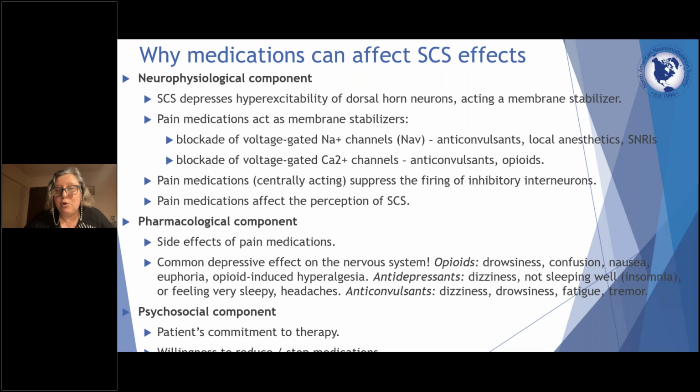So you don't necessarily need another medication to do the same job. However, many medications can act as membrane stabilizers as well, which can be synergistic with the effects of spinal cord stimulation. The centrally acting medications also suppress the firing of inhibitory neurons, which can contribute to the effects of neuromodulation.